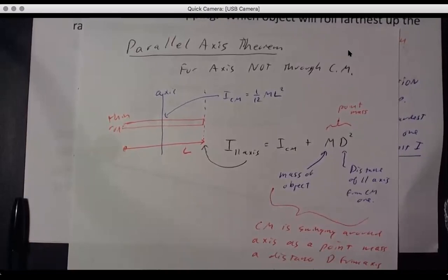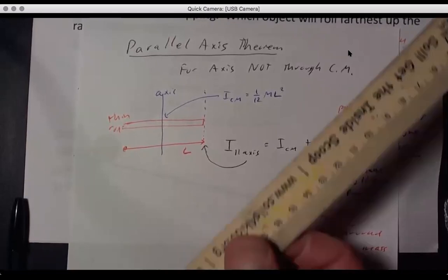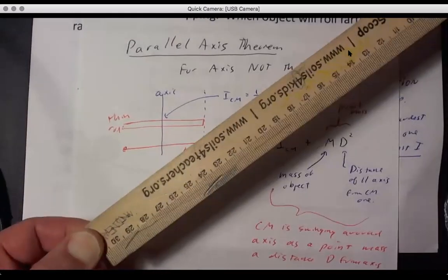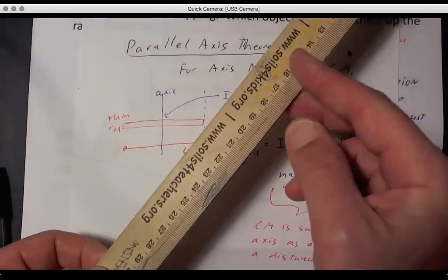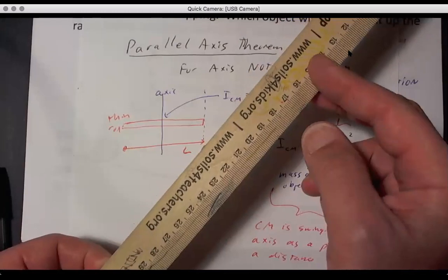So when we move to the end of this rod, rather than the middle of it, the center of mass is over here, swinging around at this distance d away.